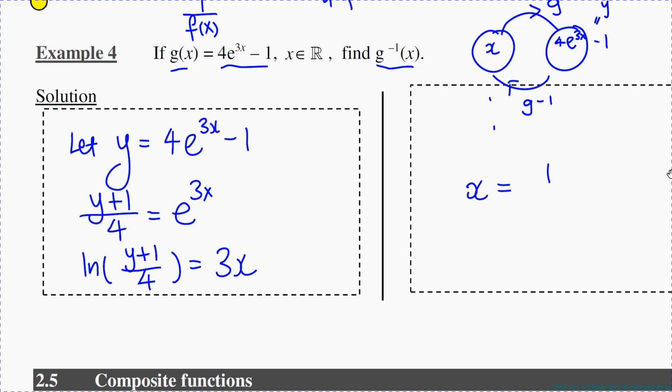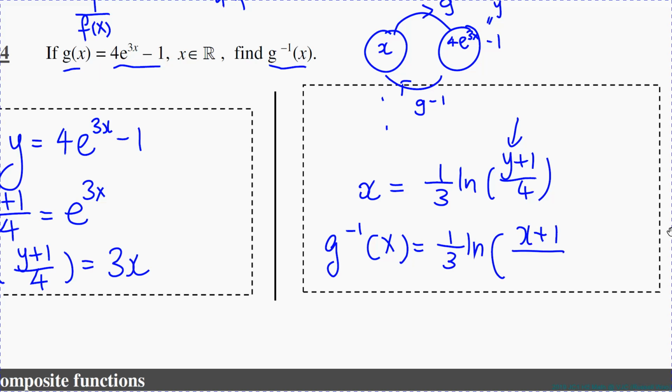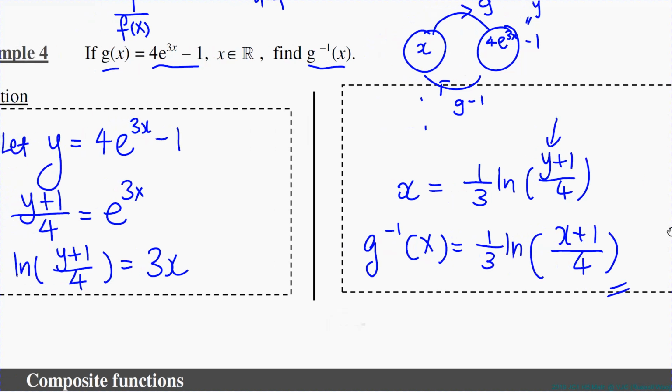Divide by 3, you get 1/3 ln of (y plus 1). So therefore, g inverse of x, remember to change the y to x, is 1/3 ln of (x plus 1). Alright, all good? Alright.